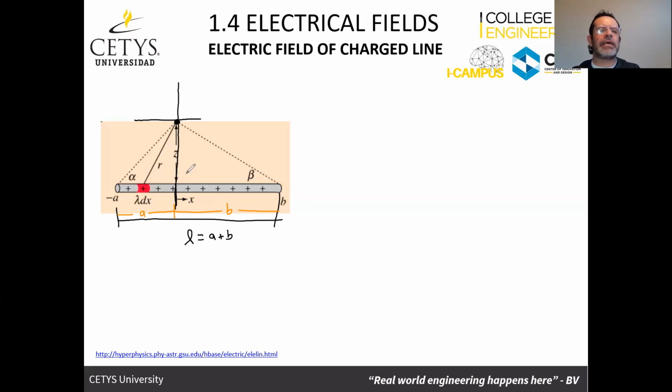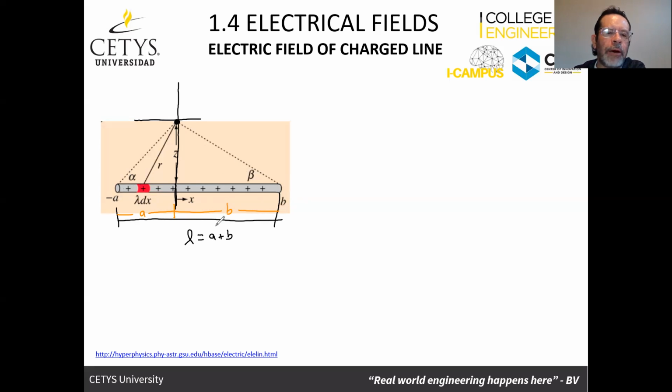But if I'm going to be taking a positive and a negative reference, the value of the distance to the left, if it's a Cartesian plane, would be minus A, and the distance over here to the right would be B. That's how I'm going to consider it.